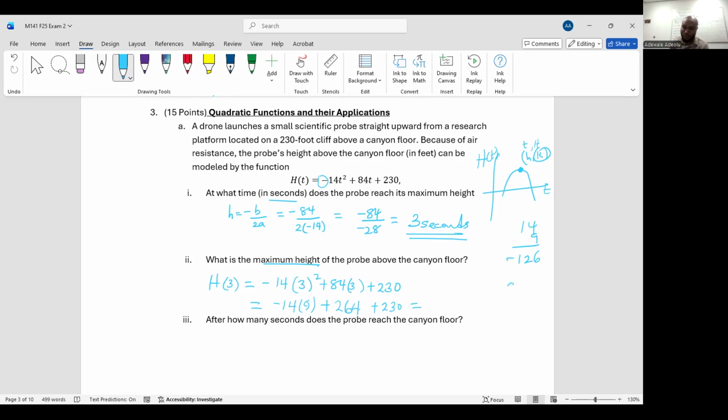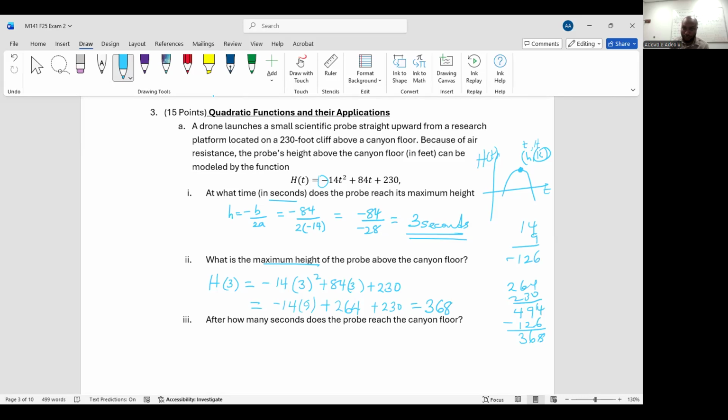So let's see, 252 plus 230, that is 482, then minus 126, that is 356. Okay, so that is 368.